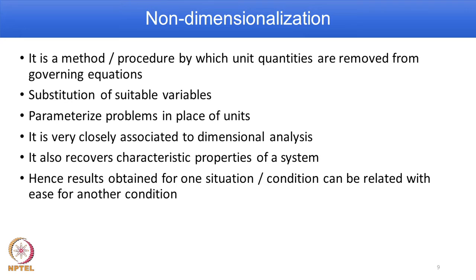How do we do it? We identify suitable variables and replace the actual variables by the corresponding suitable variables which are acceptable. Now, what is the advantage? It parameterizes the problem in place of units.